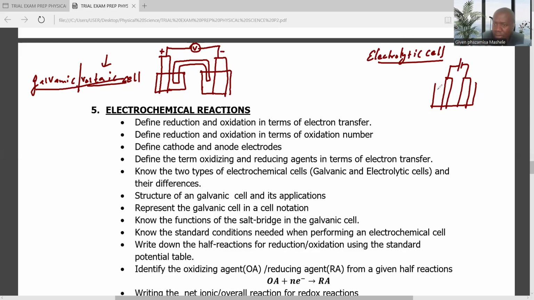We'll talk about this. And inside this, there's something called an electrolyte. The same applies here in this cell, there are also electrolytes. And this electrolyte is usually an aqueous solution.